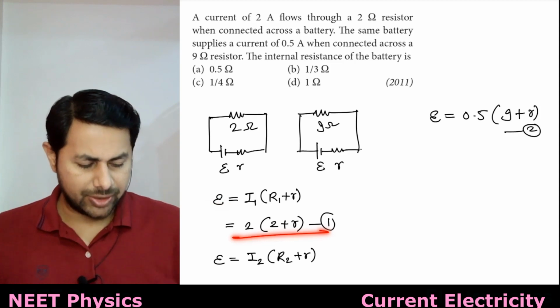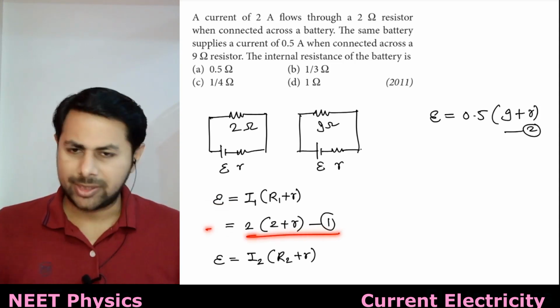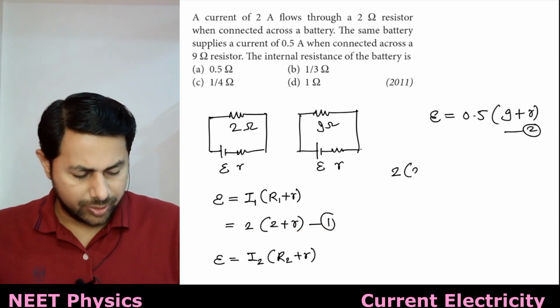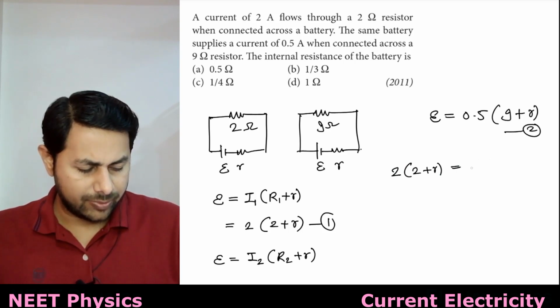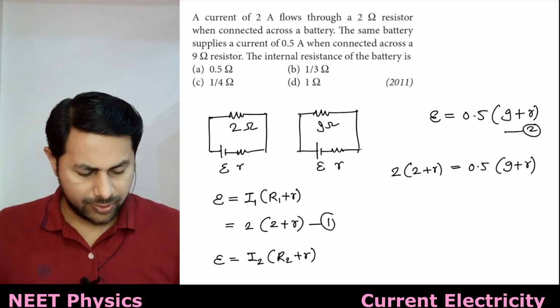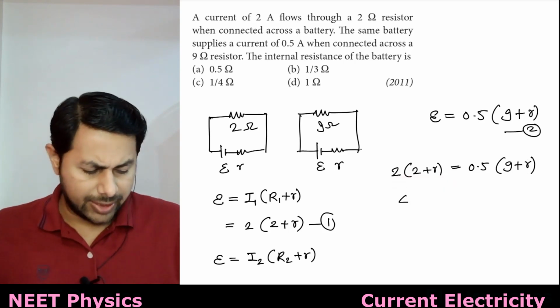That's why the left hand side is the same, so the right hand side must be the same. Therefore you get 2 times 2 plus small r is equal to 0.5 times 9 plus small r. Then just multiply it out and you will get the answer.